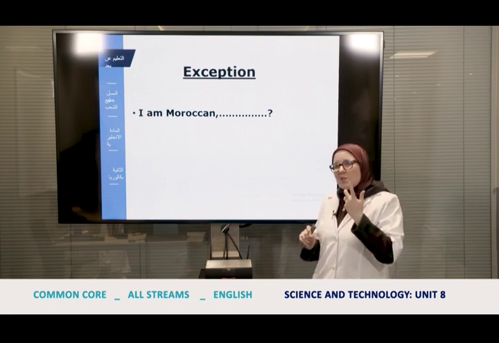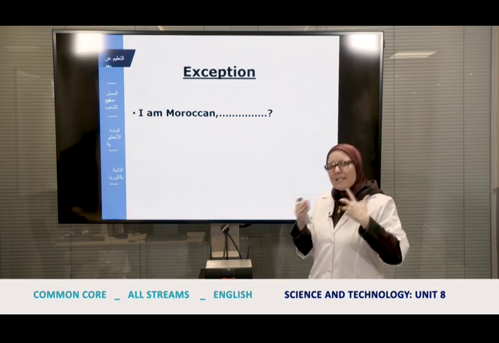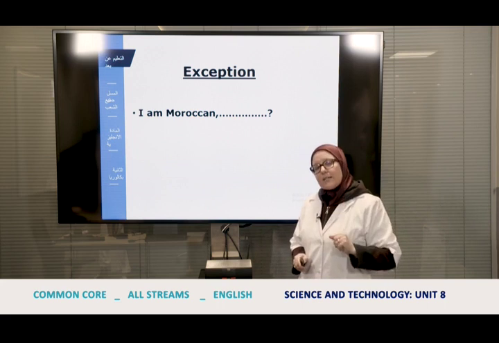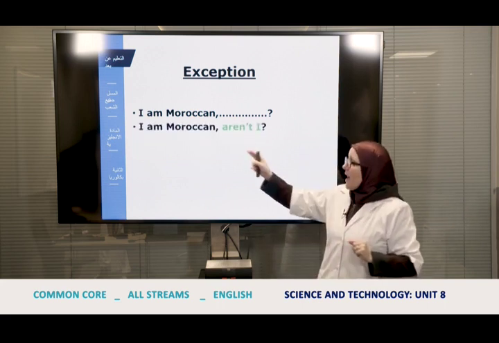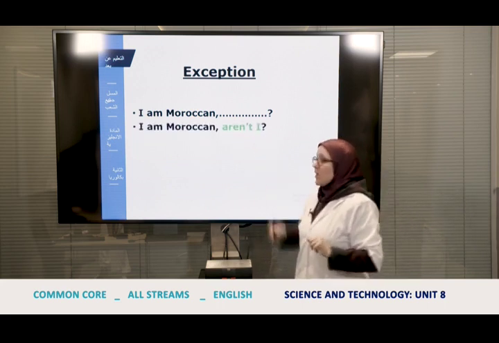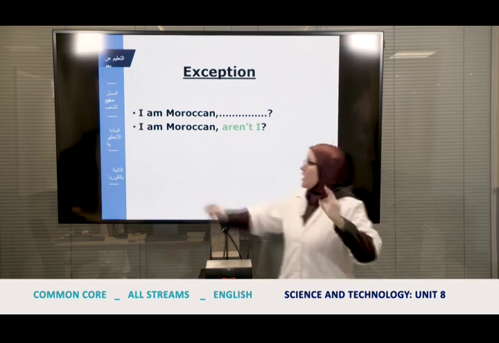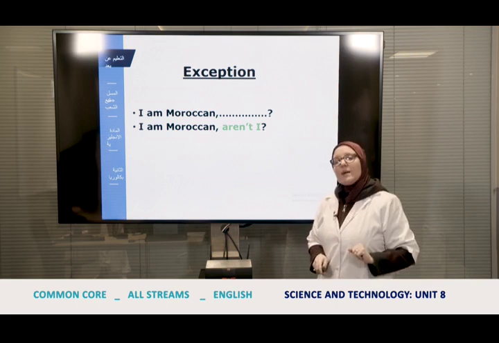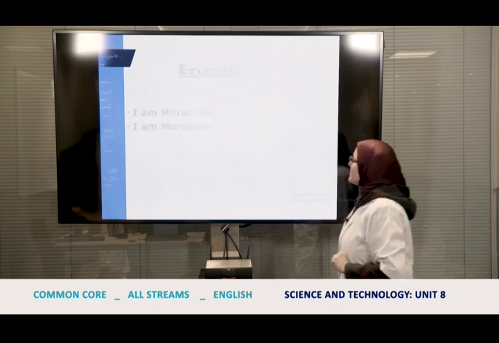But it sounds awkward, very heavy. We cannot say it easily, you see? That's why it's considered an exception. So we say I am Moroccan, aren't I? Whenever you have I am, it becomes aren't I. So here comes the time for the practice.